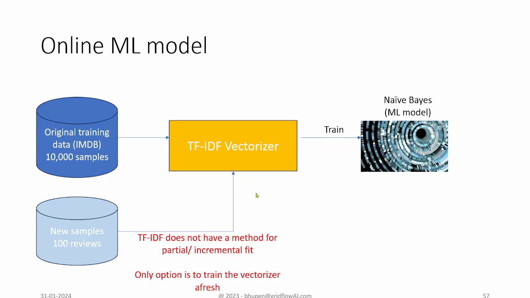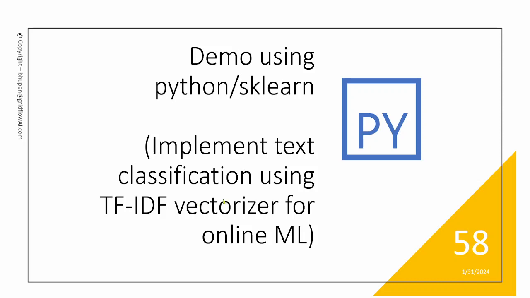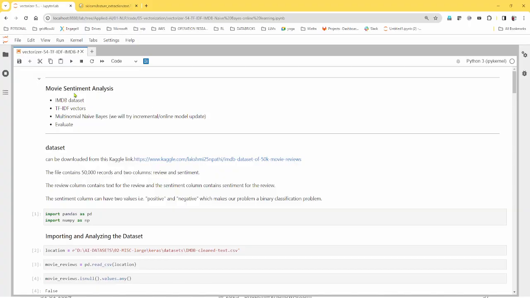Let's take a look at the Python implementation, and we will be leveraging the same code which we used to demonstrate the TF-IDF vectorizer. And this time we will see if this vectorizer can be used for building an online model. Okay, so this is the code. I'll be attaching the code link in the description.